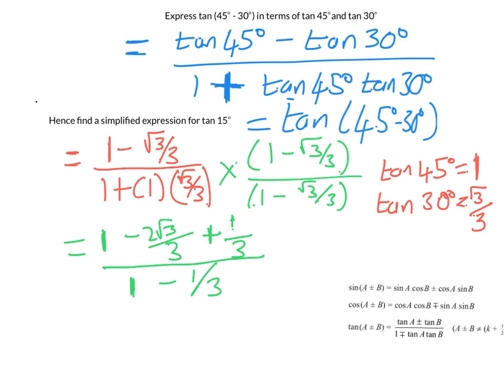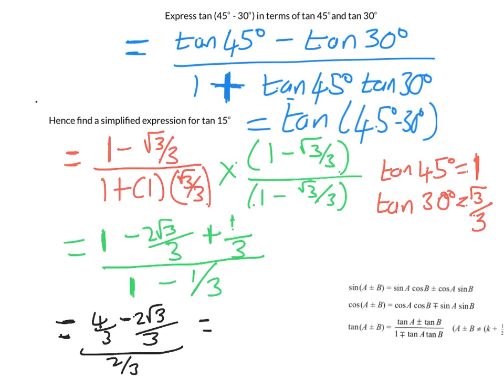So at the top, I've got 4 over 3 plus, or minus, 2 root 3 over 3. All over 2 thirds.